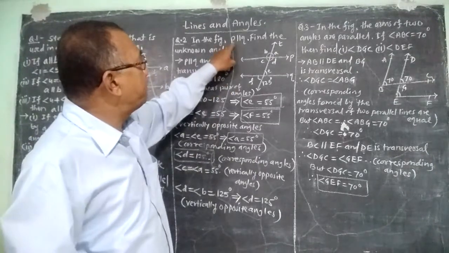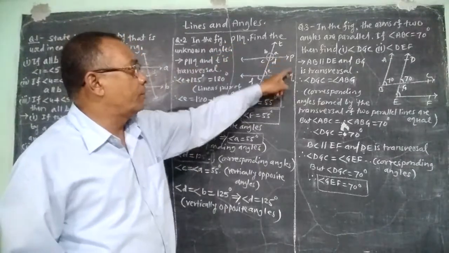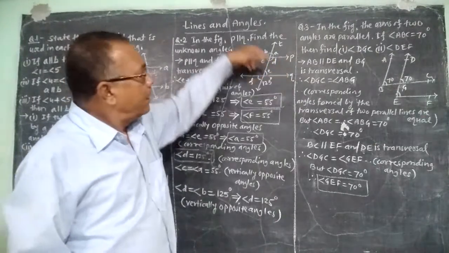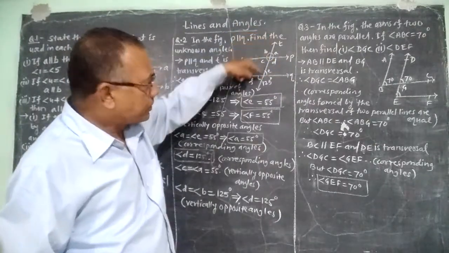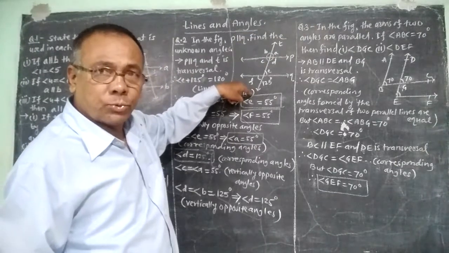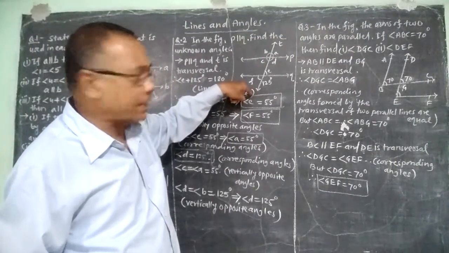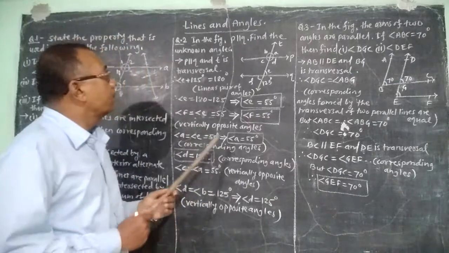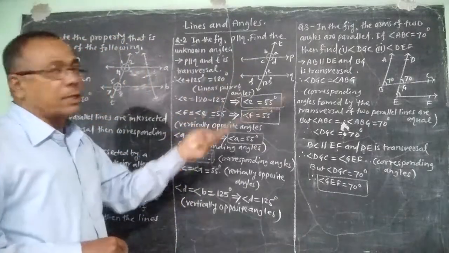Here P and Q are parallel lines, and line T is the transversal of these two parallel lines, and we have to find the measure of the remaining angles.